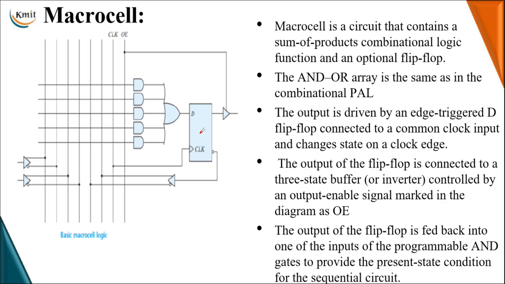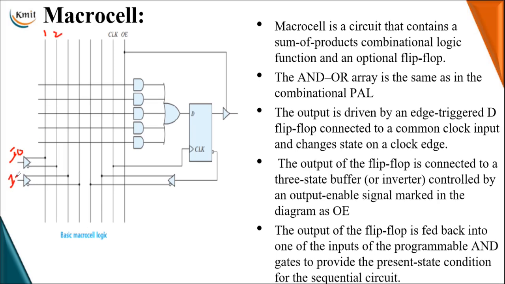The output of the flip-flop goes through a buffer and is also taken as one of the inputs. Since I have only two inputs here, let me label them. The first line indicates input 1, I0, and the second line will be I0 bar.